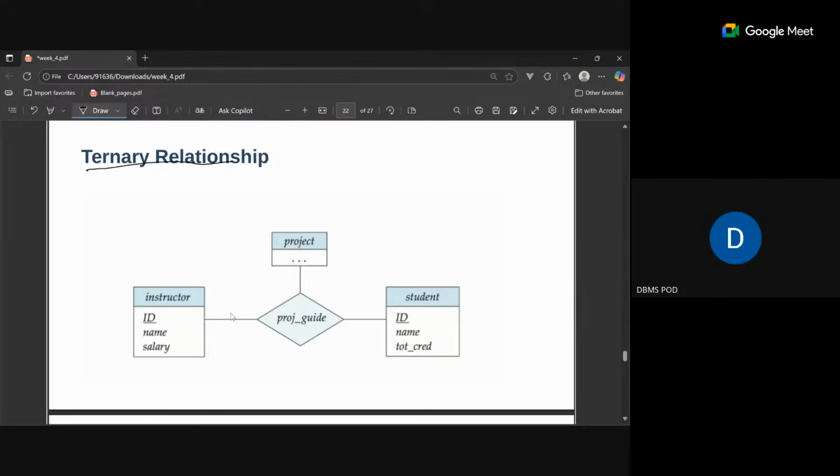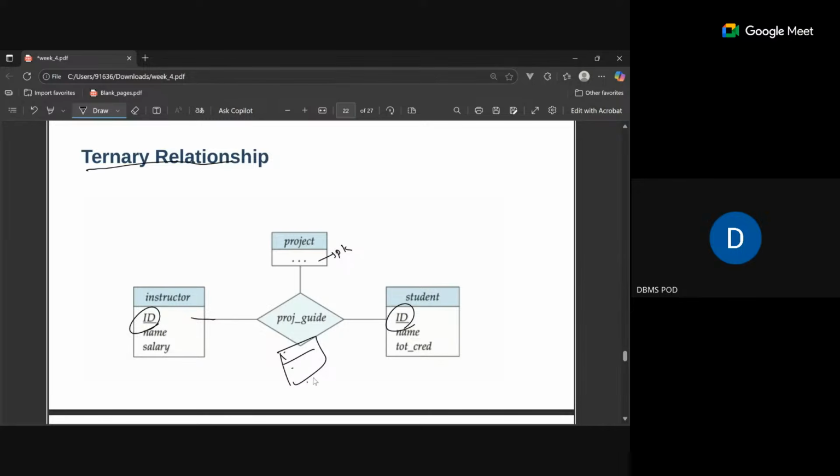And again, you need one more table in order to link all these tables, as we have seen in many to many. Everything has to be linked with this intermediate table, called project guide. It should have the primary key of this one, and the primary key of this one, and any other additional attributes, such as who is the guide, and from when he is guide for that project.